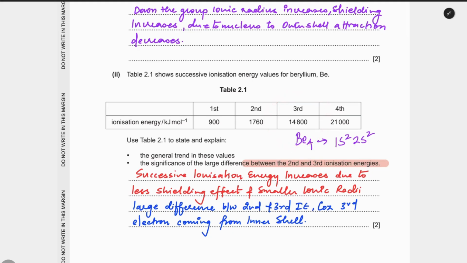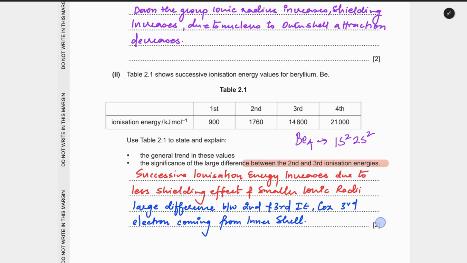That is why we see the large difference. The innermost shell is near to the nucleus, so it takes more energy to remove the electron. So this is how you have to talk about it.